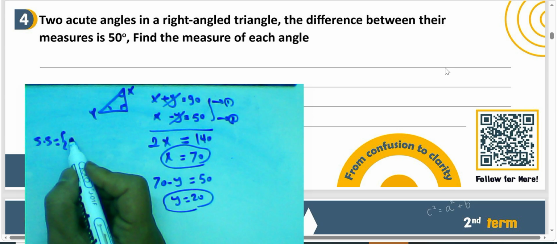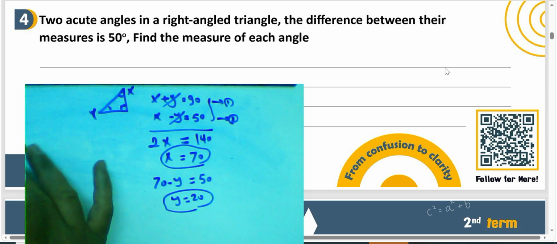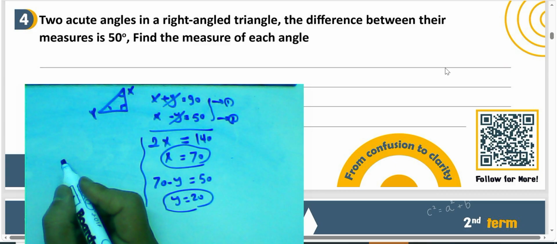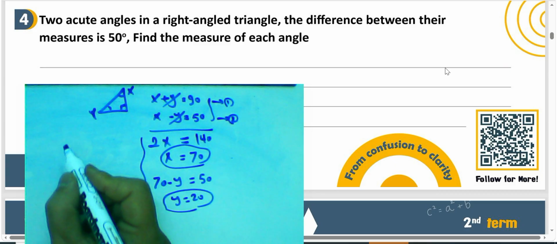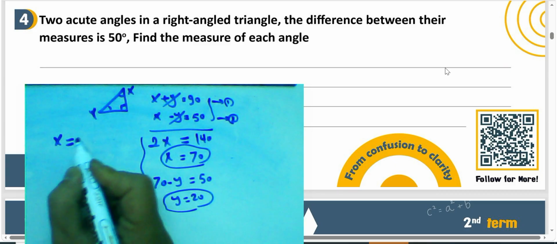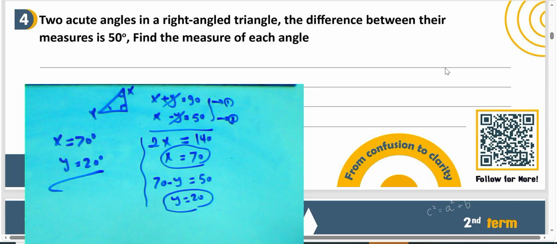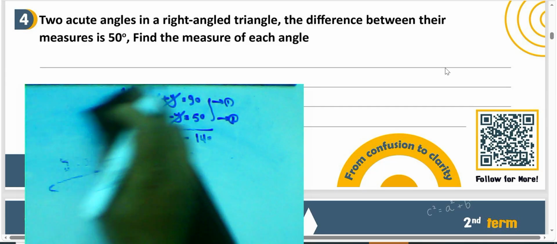He asked about two angles. The measure of the first angle x will be 70 degrees and the second y will be 20 degrees. Okay, you want to find the measure of each angle.